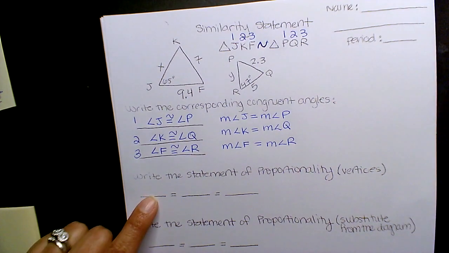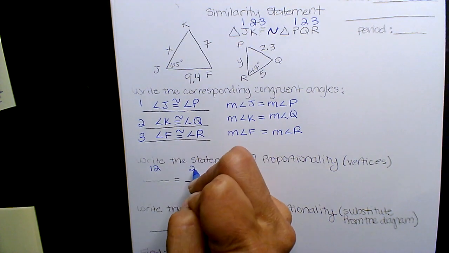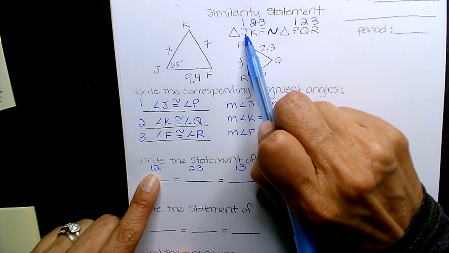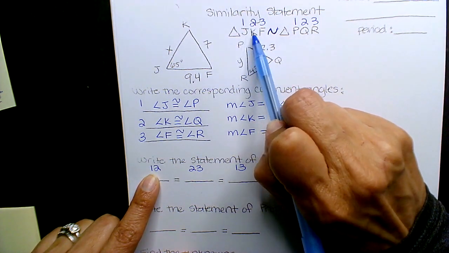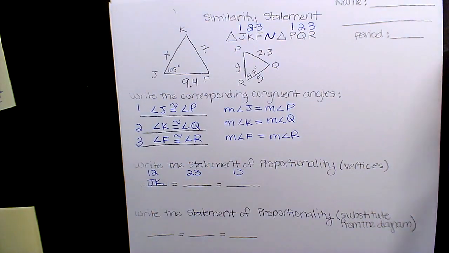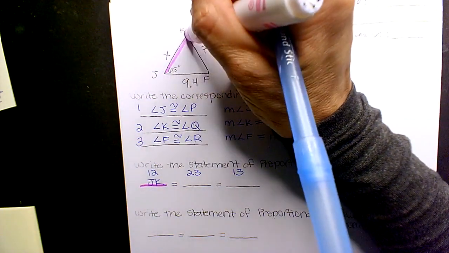For the statement of proportionality, you're going to go 1 and 2, 2 and 3, and 1 and 3. 1 and 2 is letter J and letter K. So JK, my JK is here.